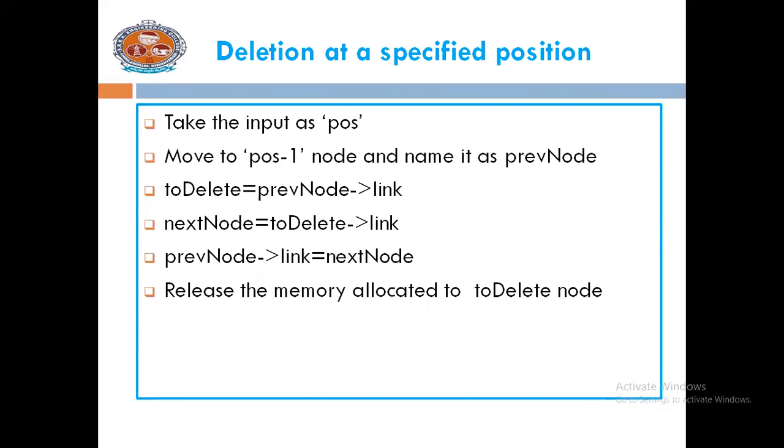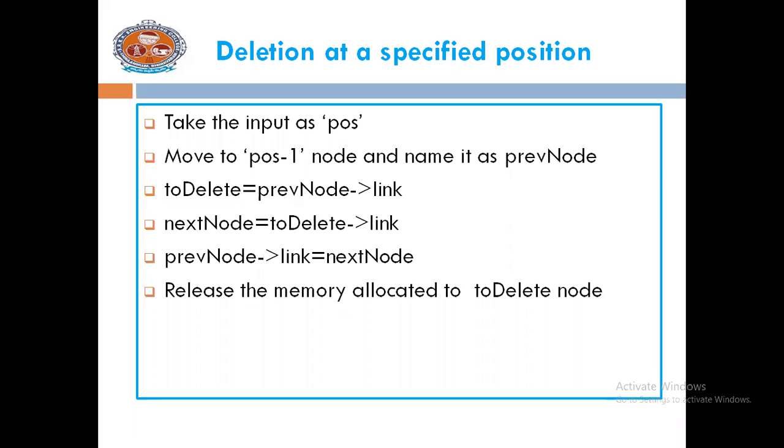And the third case, deletion at a specified position. Now we are going with the third case. Here we have to take the input as position POS. POS represents the position from where we have to delete the element.